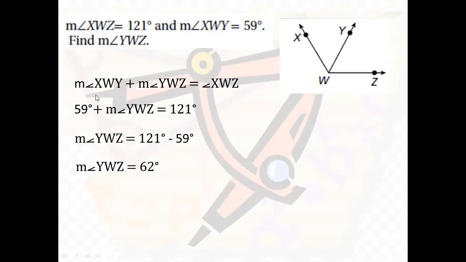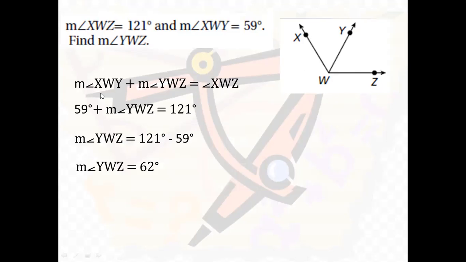So first let's write an equation saying angle XWZ, that's the bigger angle, equals angle XWY plus angle YWZ. So we have to write a statement saying which angle is equal to what.